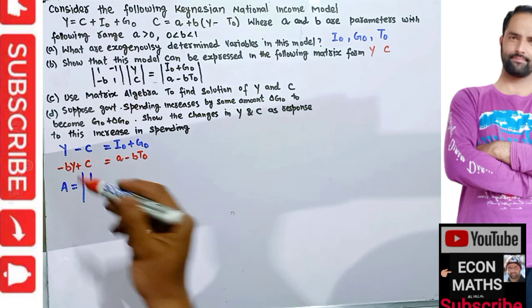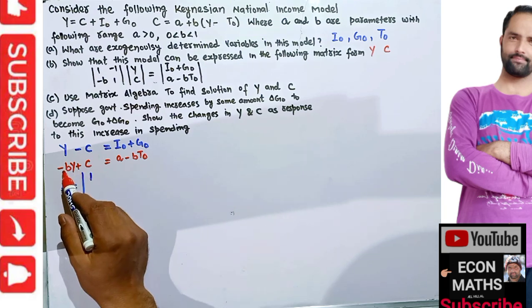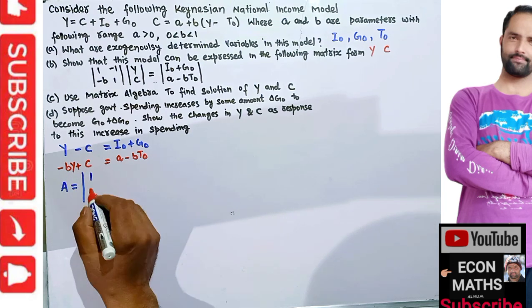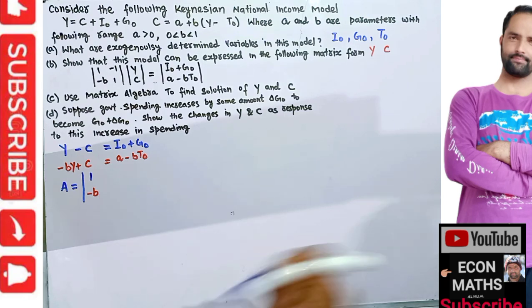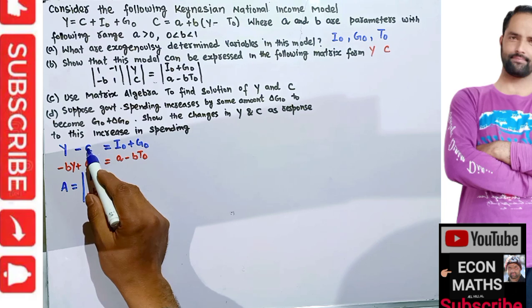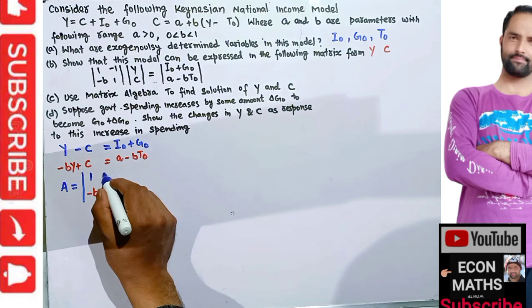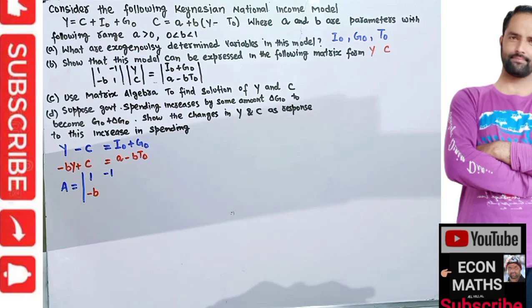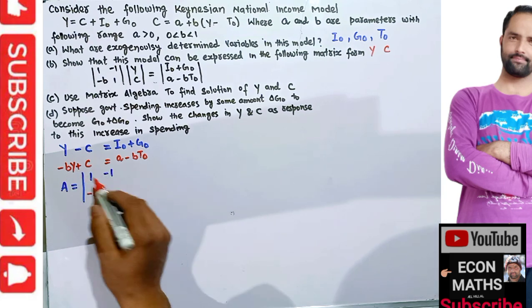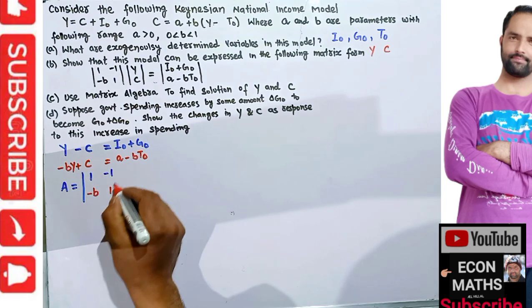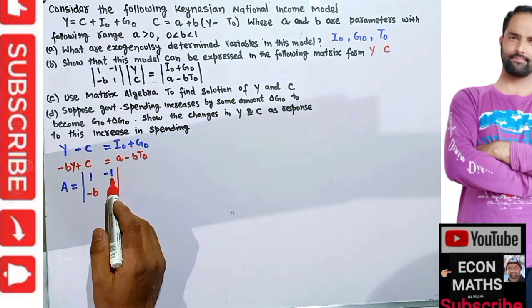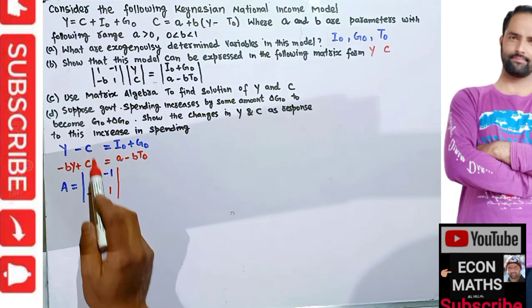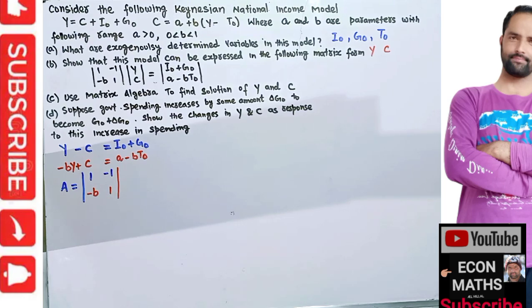The coefficient of y in the second equation is minus b. Now the coefficient of c in the first equation is minus 1, and the coefficient of c in the second equation is plus 1. So A is the coefficient matrix, the coefficients of endogenous variables in matrix form.